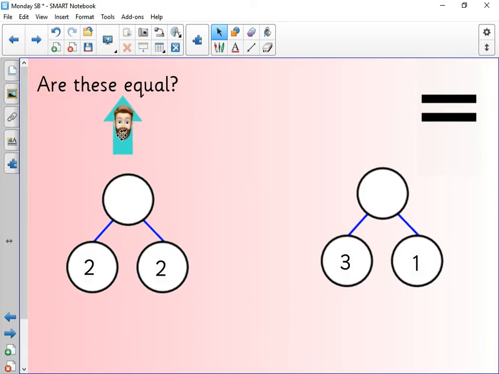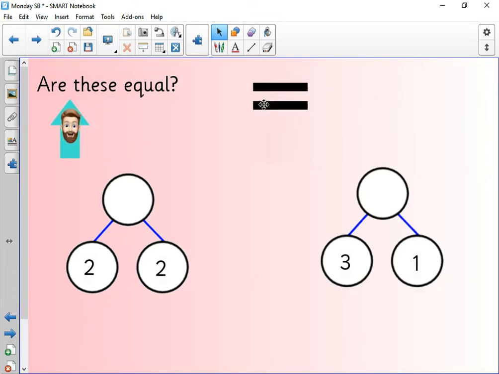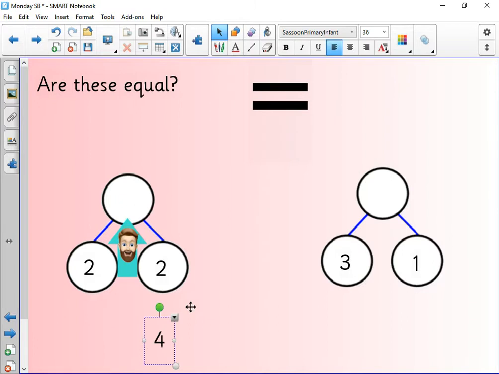Are these two part-whole models equal? Do they total the same? Can I use my equal sign? Well, they look different, don't they? The parts here are 2 and 2, and the parts here are 3 and 1. But the most important thing is what's the total and the whole. 2 add 2 equals, shout out for me, 4.